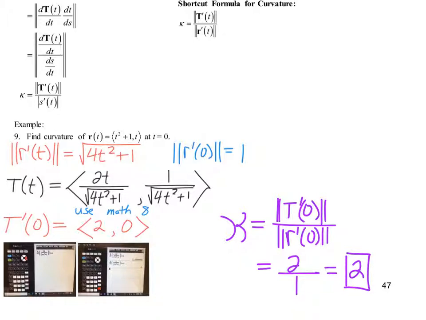So it's a question of, okay, well, how curvy is curvy enough? Well, it all depends. In most cases, we're looking for it as a comparative measure, right? So I would be looking for you to determine which one has more curvature, this parabola or maybe a sine function or maybe a circle.